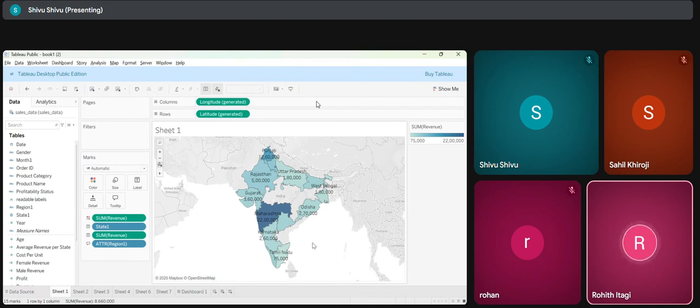For example, Maharashtra is a top performer with 22 lakhs in revenue, which is shown in the darker blue, and in contrast, Uttar Pradesh is at 1,80,000. This map is great for giving a high level view of which regions are strongest among Indian markets.